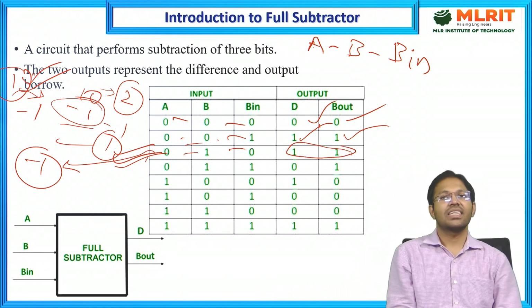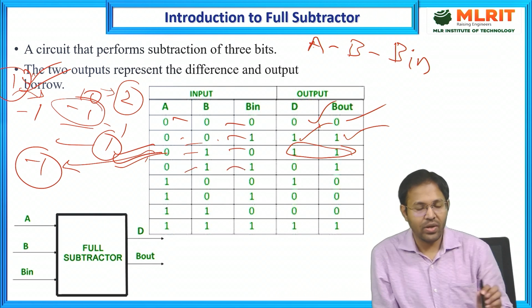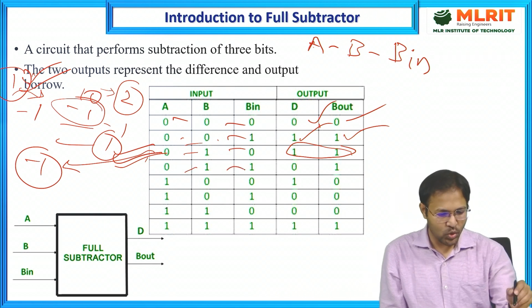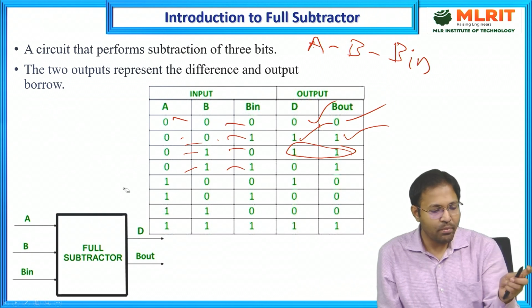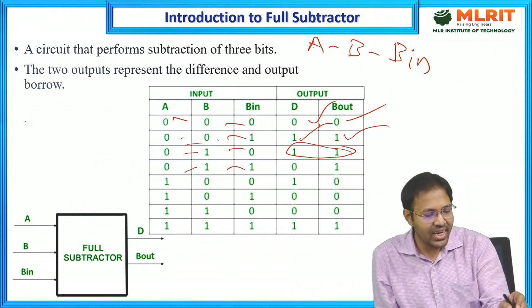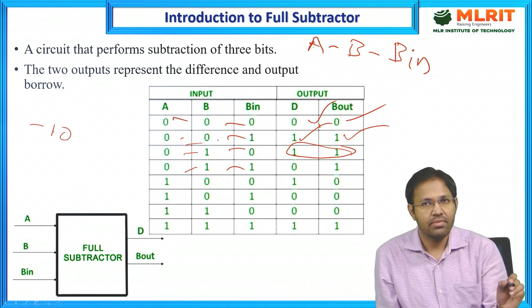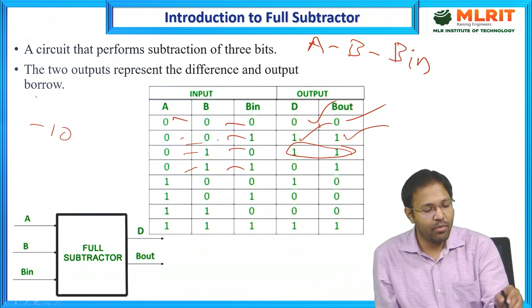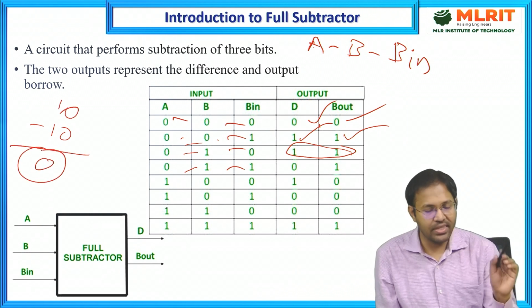Next case, 0 minus 1 minus 1, that is actually minus 2, and 2 in binary form we represent as 1 0, right? So, now if we take a borrow, 1 0 minus 1 0 gives us 0.